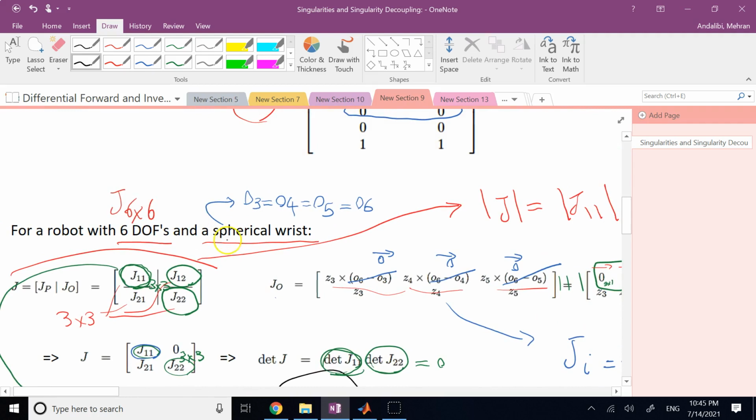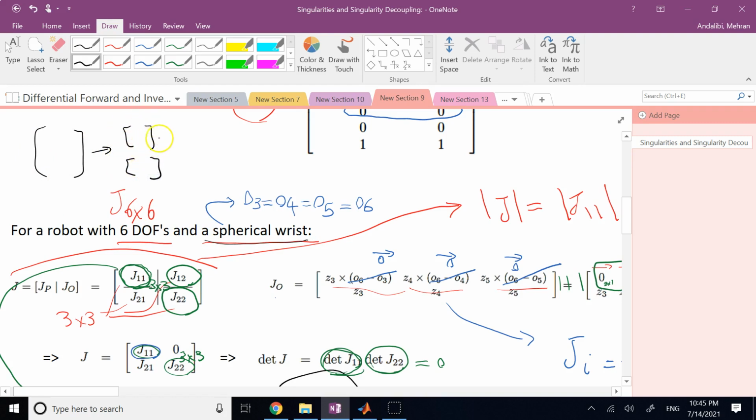If you remember in the video when I talked about inverse kinematics, I told you when the robot has 6 DOF and the wrist is spherical, I can break the 6 equations of inverse kinematics into 2 smaller sets of 3 by 3.